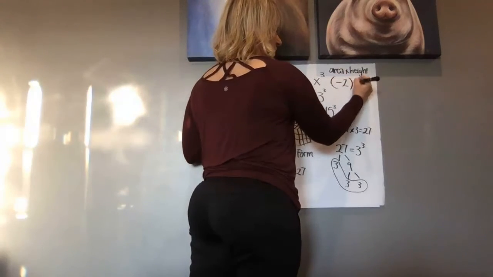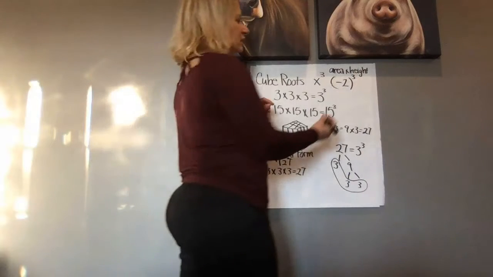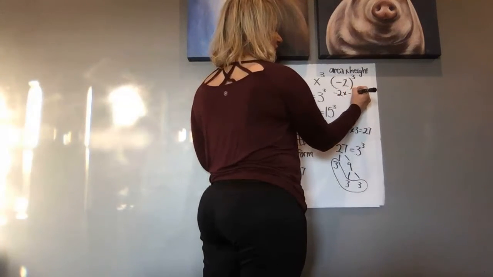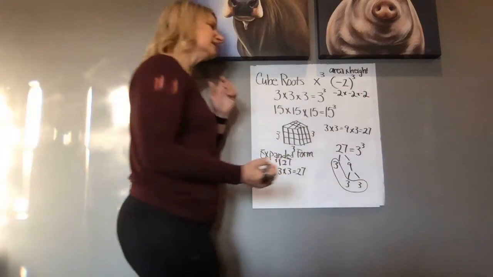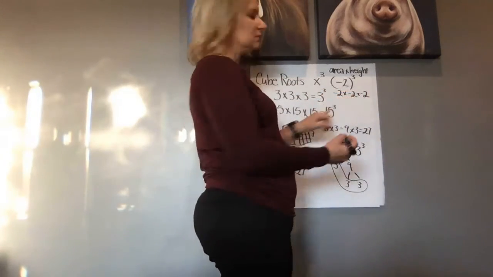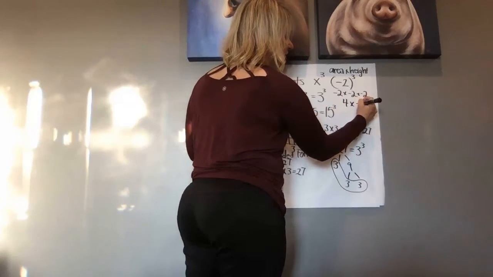Okay? So if I have a -2 and I want to cube that, then that becomes -2 times -2 times -2. Okay? So let's just work it in steps. Well, -2 times -2 is a +4. So times -2.